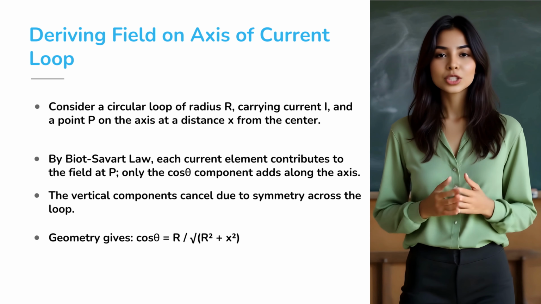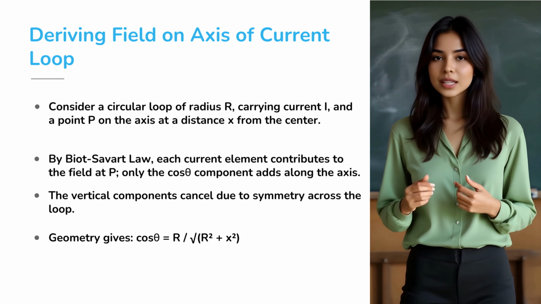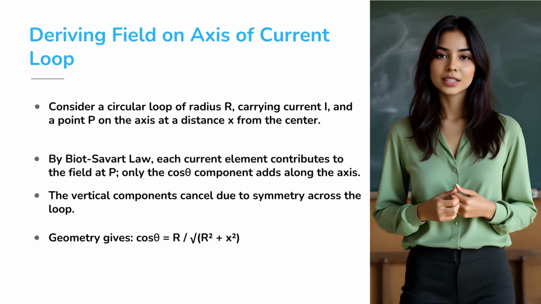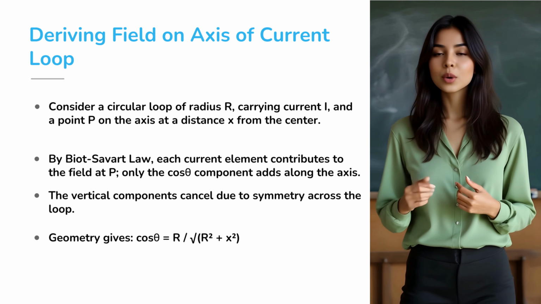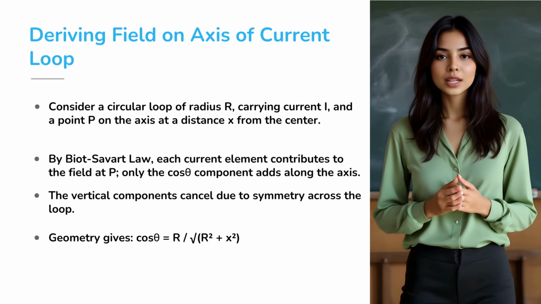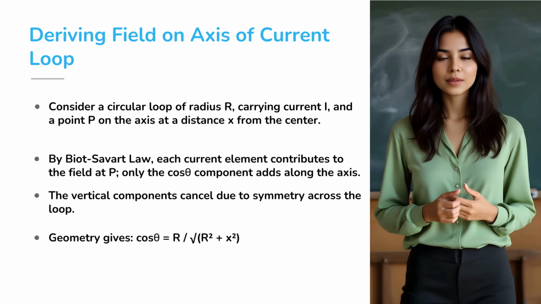Let's build our derivation. Picture a circular loop of radius r, carrying a steady current I. Now focus on a point P on the axis at a distance x from the center of the loop. If we take a small current element on the loop and apply the Biot-Savart law, we find that the vertical components cancel due to the loop's circular symmetry.